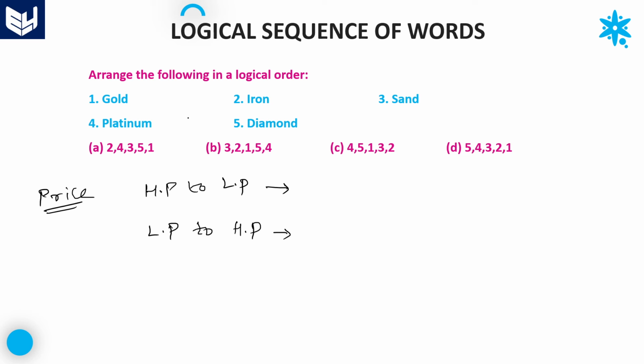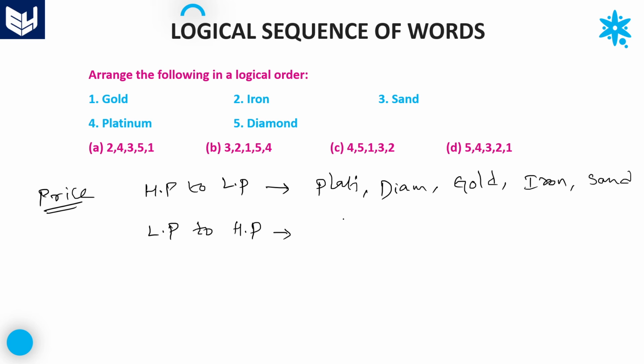Among all these five, the highest price is platinum. After that, diamond. After that, gold. After that, iron. And the cheapest one is sand.